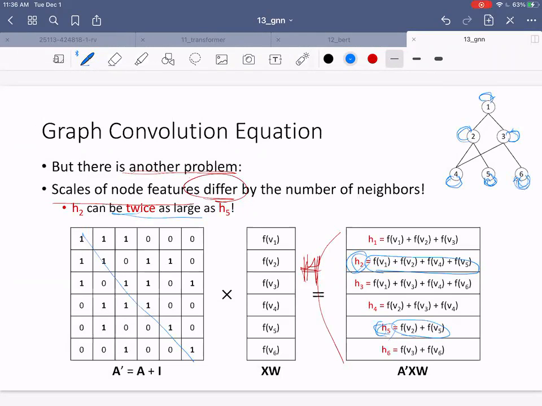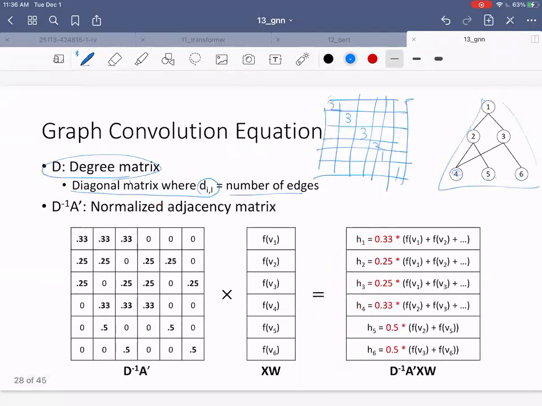Adding the diagonal elements is the same as adding a self loop. And since there are self loops now, each element of the degree matrix should be increased by 1. So it should be 3, 4, 4, 3, 2, 2. So it's actually D prime.